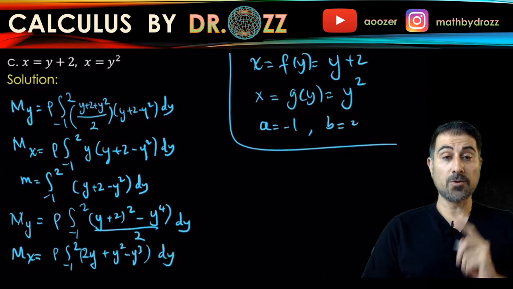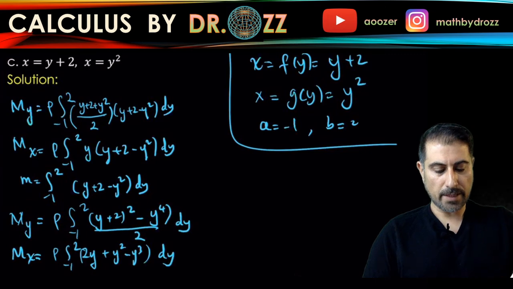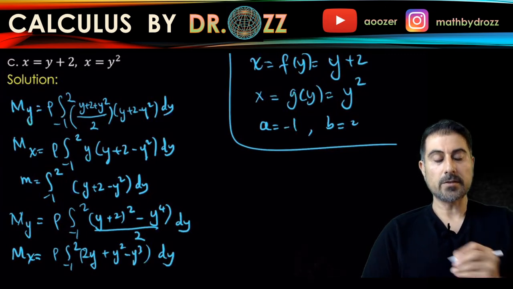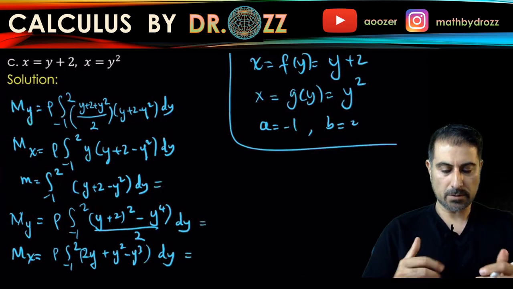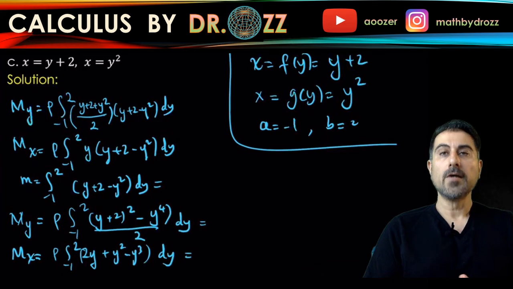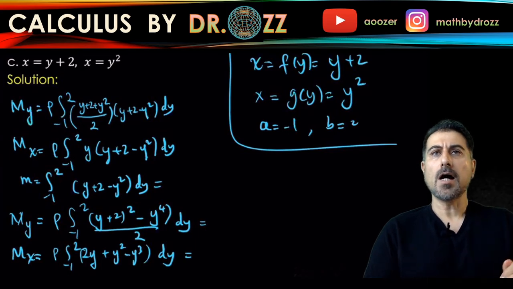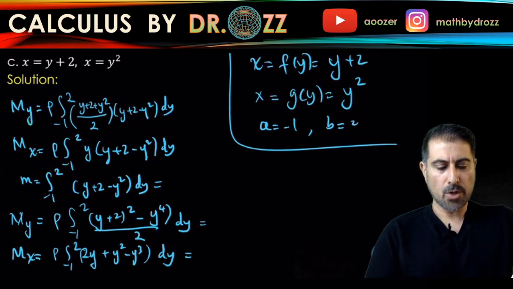And now this is your task. Please pause the video and find these integrals by integrating them one by one. And you can use the power rule for integration because these are not hard integrals to work with. Okay, so let's start with m. So m, little m, should be 9 rho over 2.